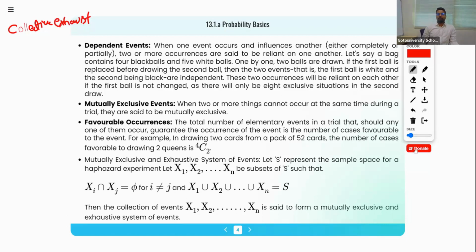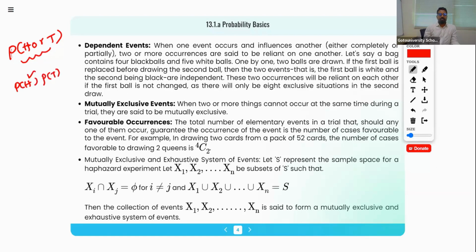When you take a set of events or a combination of events, and that particular set exhausts all the outcomes, such an event is called collectively exhaustive. For example, getting a head or a tail. What is left in the toss then? Nothing is left, everything is taken. Getting a head is one event, getting a tail is another event. When you take these two together, that becomes collectively exhaustive.